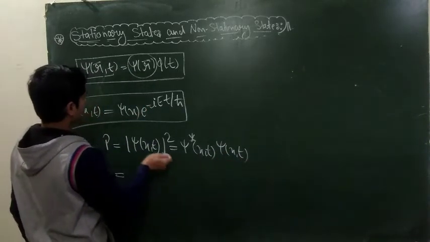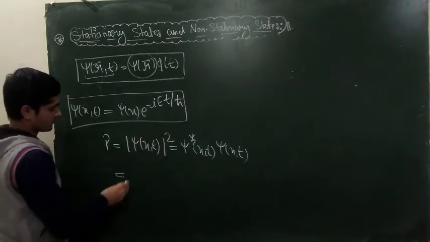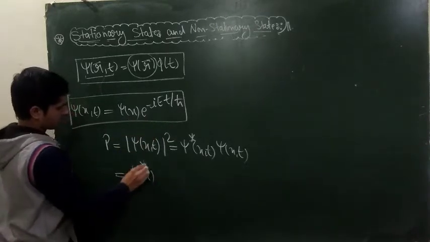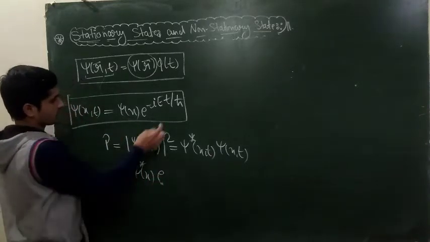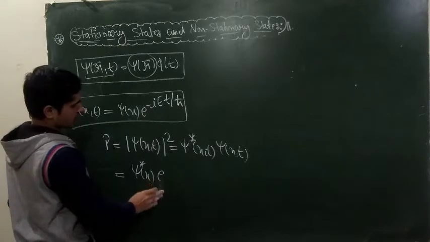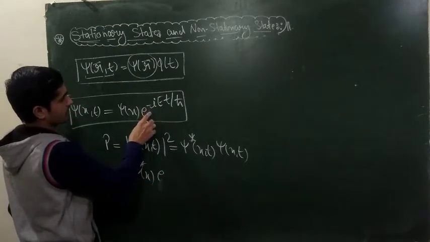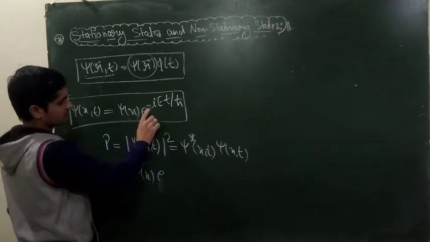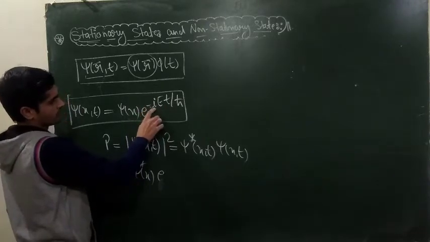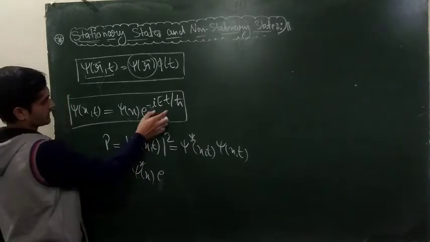The complex conjugate of this particular function will be the complex conjugate of this spatial part and the complex conjugate of this exponential part. When you have an already complex function, you just have to change the sign in front of iota. That will be the complex conjugate of this particular complex number.